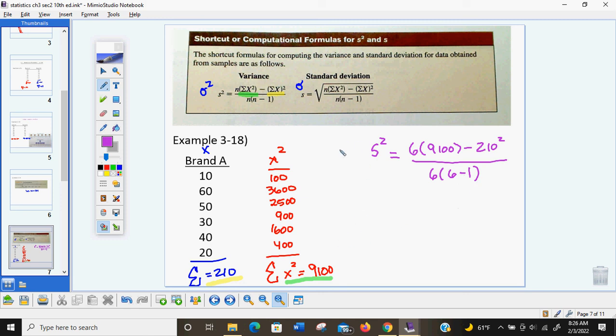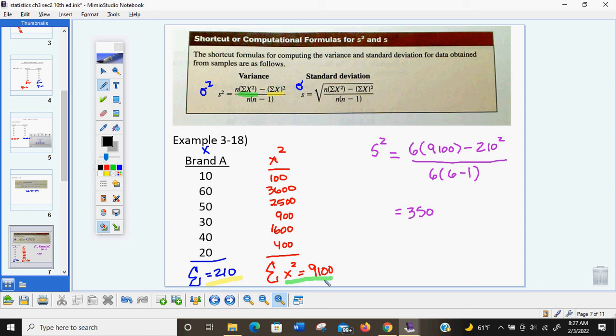So when you plug the top of that into a calculator and then the bottom of that and you divide it, you get 350. So you're going to do 6 times 9,100 minus 210 squared, and then you're going to divide it by 6 times 5, which is 30. You should get 350. That would be my variance.